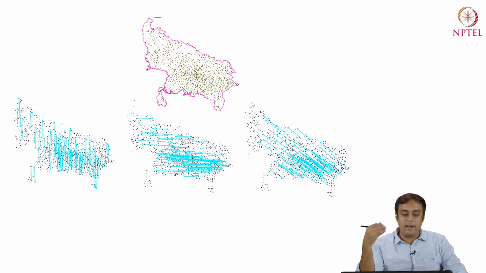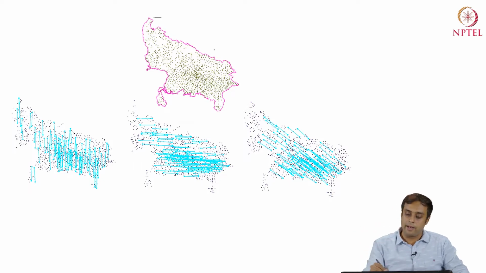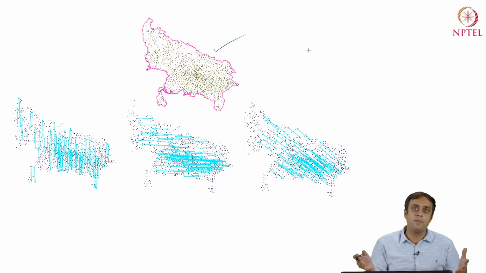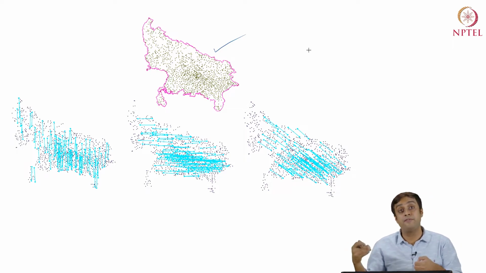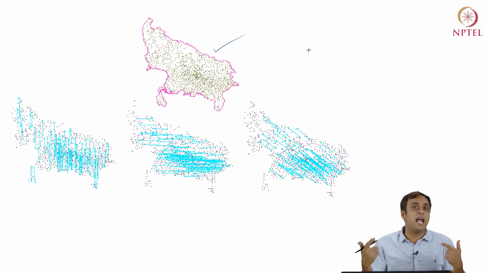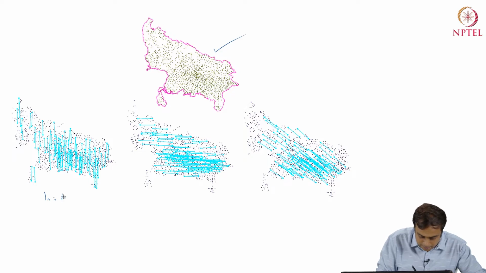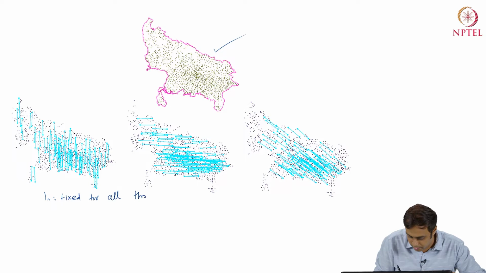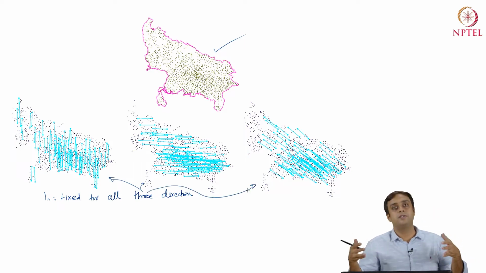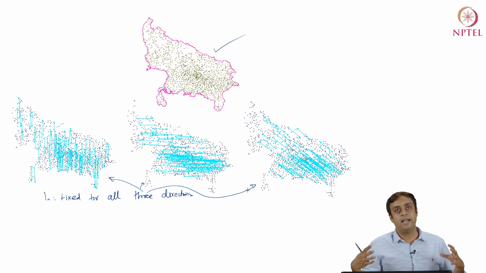Now, my irregular lattice is given at the top, and at the bottom from left to right I have 3 different representations of the lag vectors. The size of the lag vector is exactly the same. So, we can say h is fixed for all 3 directions. When I say 3, I am pointing to the 3 figures on the bottom half of this slide.